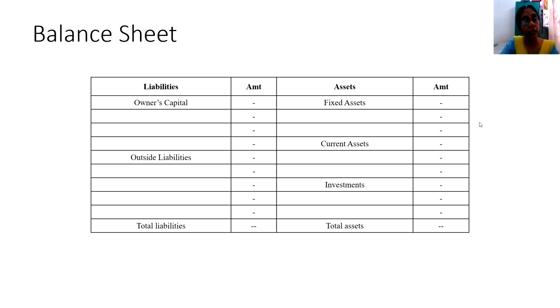He borrows money from outsiders, maybe loans or maybe from known people, maybe from financial institutions. So this becomes a part of the outside liabilities. So the total liabilities comprises both owner's funds, owner's capital, and outside liabilities. So this forms the total liabilities.